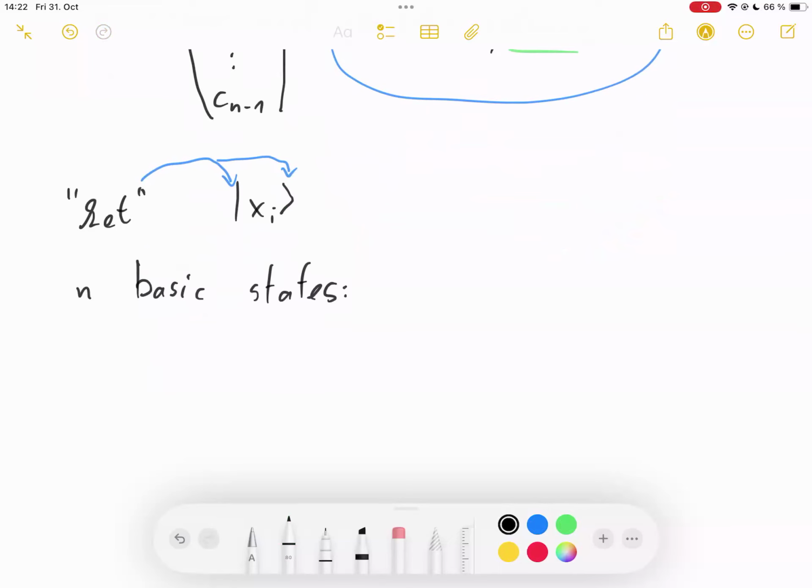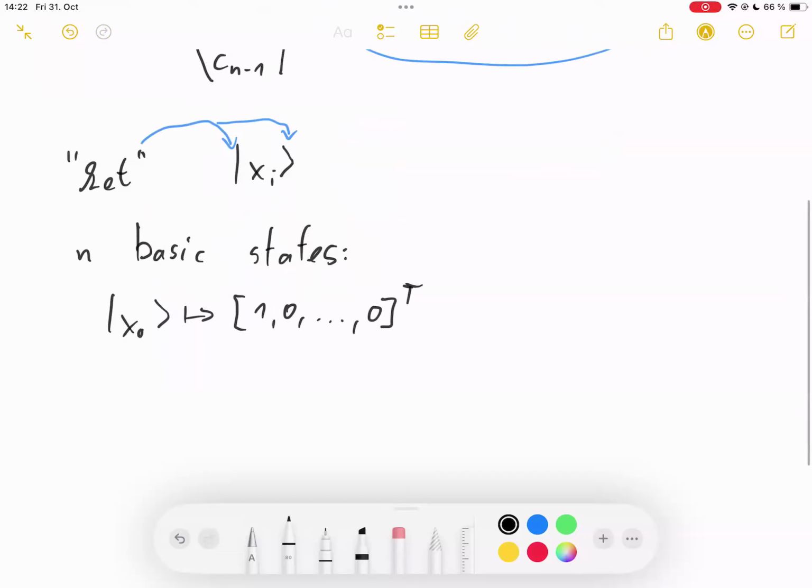So we have n basic states. So we have an x0 ket, and the x0 ket would look something like this: we have a 1 in the first position, and then only zeros in the remaining positions. And these are all column vectors, but just to save space, I'll be using row vectors that I transpose. And then we have our x1, and we have a 1 in the next position, 0 here.